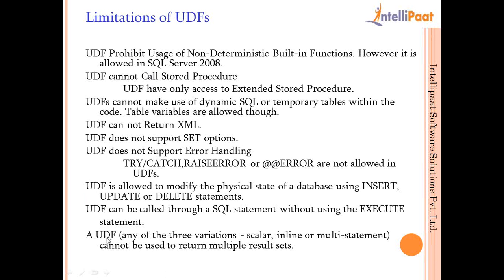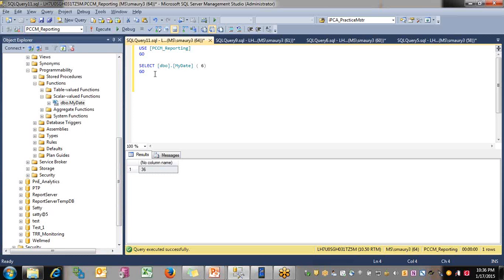Last but not the least, any of the three variations, scalar, inline, or multi-statement, cannot be used to return multiple result sets. Every time it will return only one result set, which could be in the form of a table or a single value.